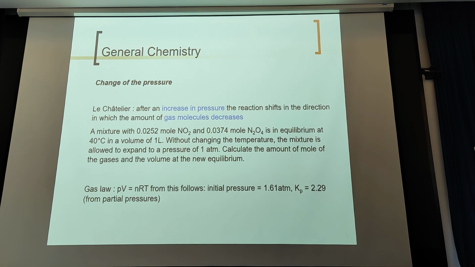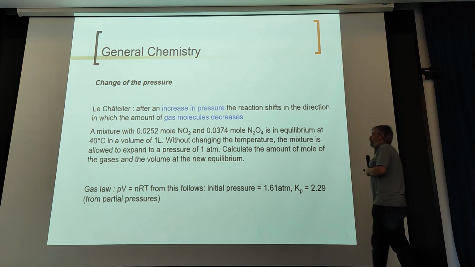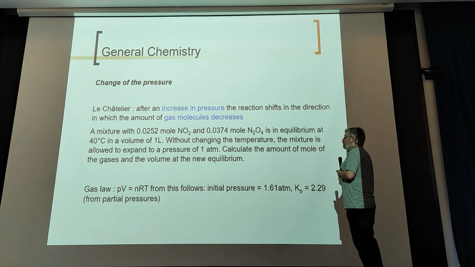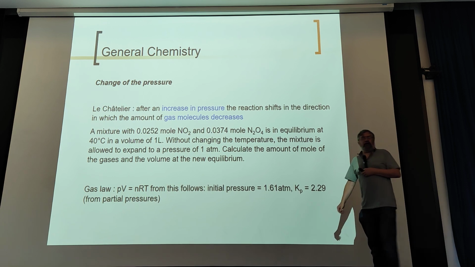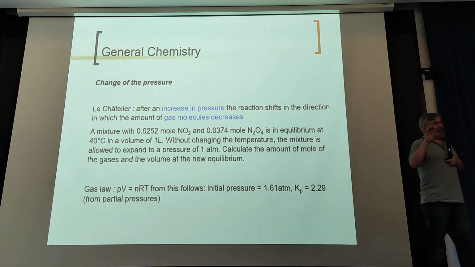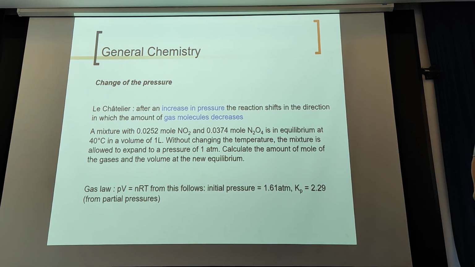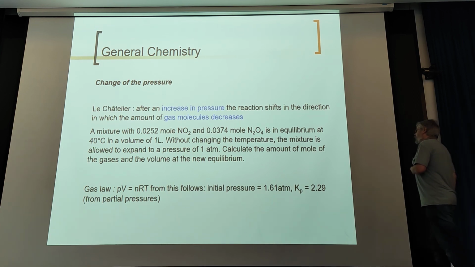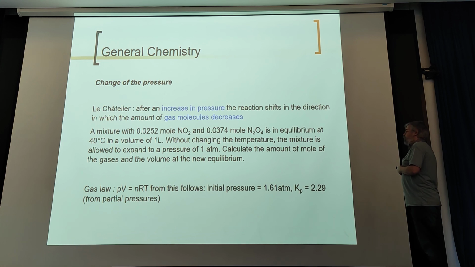So we have the equilibrium concentrations of 25.2 mole NO2 and 37.4 moles N2O4. Again at 40 degrees, so the same temperature, we keep K, and the volume is again 1 liter. So now we expand to a pressure of 1 atmosphere. So that means the volume has to change to do that.